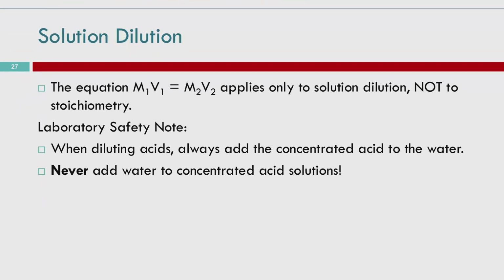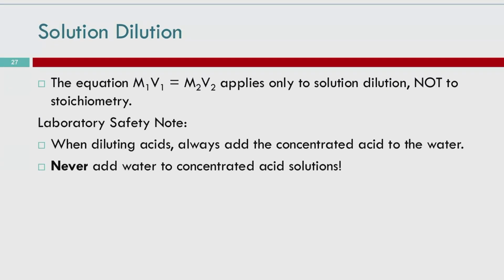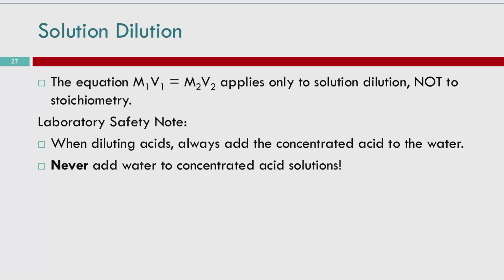Look, I have it in the slides. The equation M1V1 equals M2V2 applies only to solution dilution, not to stoichiometry. The reason that some of you might use it for stoichiometry is if you have a 1-to-1 ratio, it does work for stoichiometry. It will still give you the correct answer. If you don't have a 1-to-1 ratio, you will get it wrong 100% of the time, I guarantee it, if you use M1V1 equals M2V2.